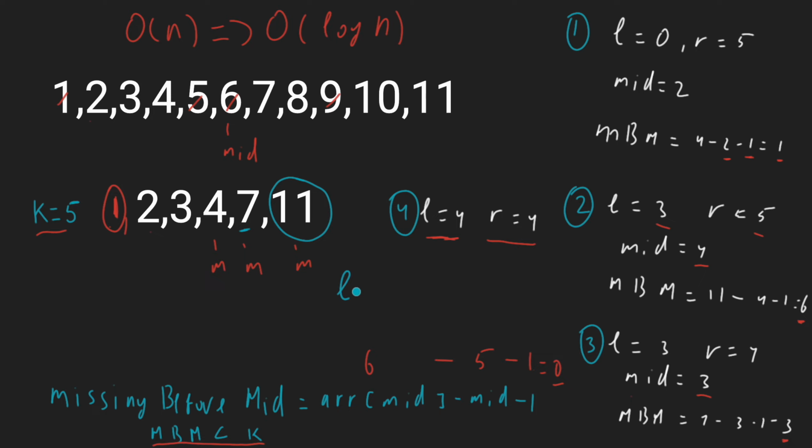At index 3, the missing count was less than k, so that is not the case there. At this point, we return left or right, it doesn't matter, plus k, which will be our result. Why? Because this index is the smallest index where we have at least k missing elements. So if we add our k, it will give us exactly the value that is missing from our array.